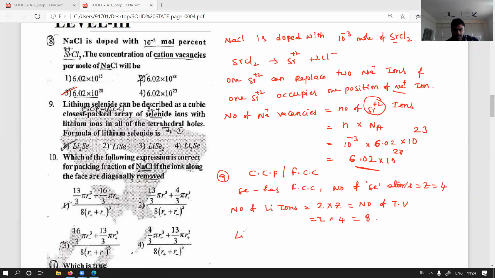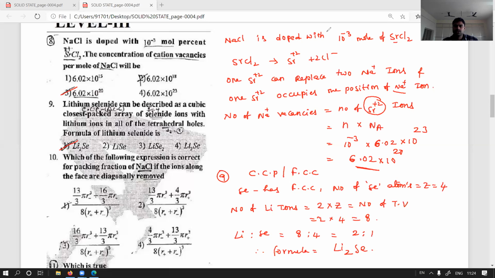Then lithium to selenide is 8 to 4, and the simplest ratio is 2 to 1. Therefore, the formula is Li2Se. So the first option is correct.